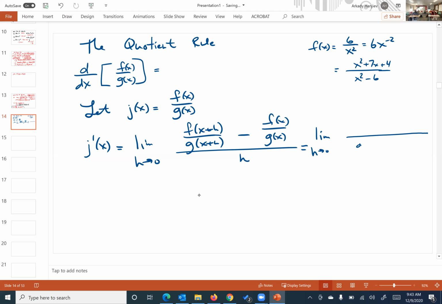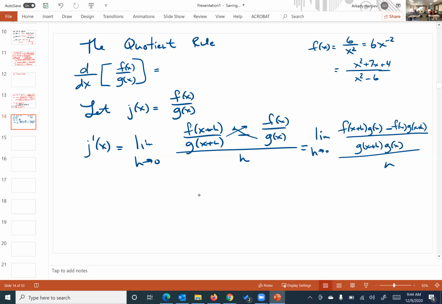Let's see, common denominators would be g of x plus h times g of x. And aren't we just going to cross multiply this way? So it'll be f of x plus h times g of x minus, or multiply this way here. Sorry, not cross multiply. And you guys are following along.